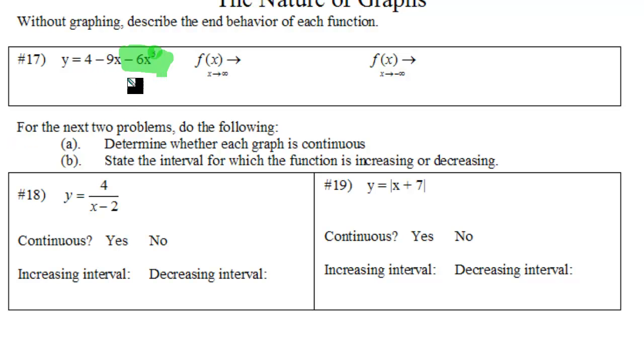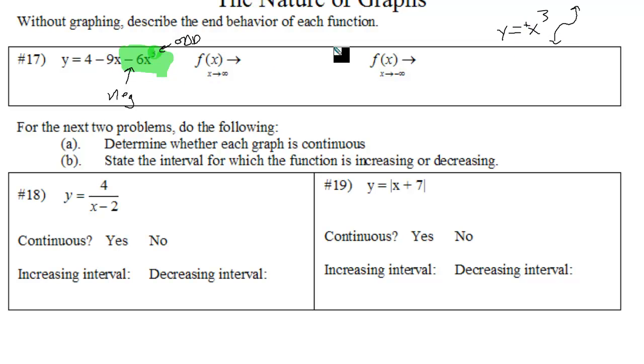From this term, you only look at two details. One, is this positive or negative? This is negative. Two, is this odd or even? It's odd. It's a 3. Can you think of a parent graph that has an odd exponent? I sure can. y equals x cubed, which looks like this. Notice this is a positive.